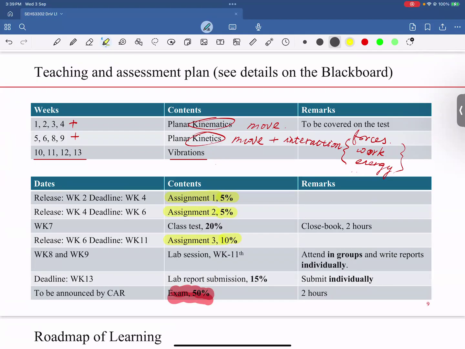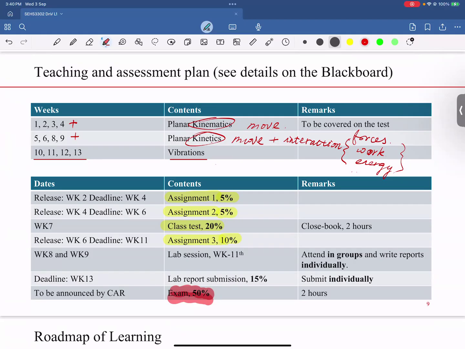And at week 7, we will have a class test. And this class test covers the planar kinematics. Okay, so if you got this message, do not come to ask me about this question.